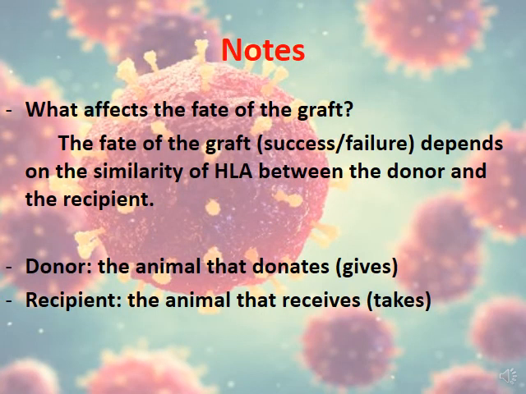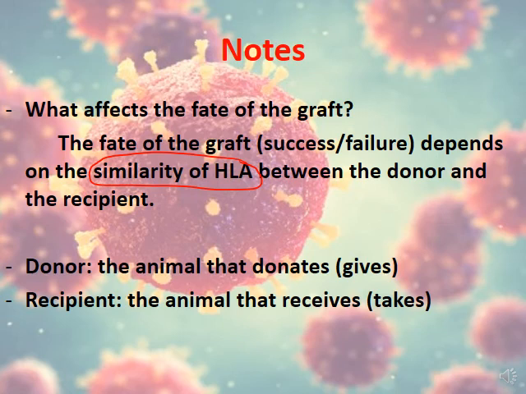So what affects the fate of the graft? What affects the result of the graft? Fate is the final result. What will happen to the graft? So the fate of the graft, whether it's success or failure, depends on the similarity of HLA. This is the most important note. The graft is accepted or rejected depending on the similarity of the HLA.